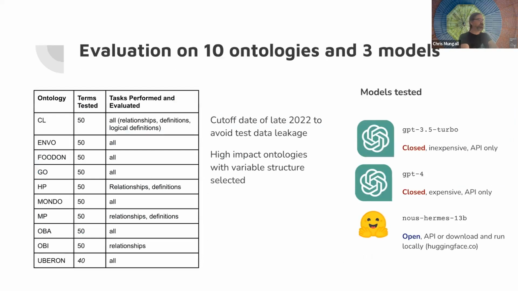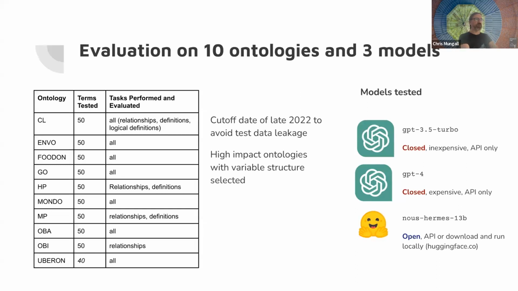So we chose 10 different OBO ontologies. We tried to vary them in terms of the design patterns that they used, the extent to which they include compositional terms versus non-compositional terms, and also ones that were released with relatively high frequency. We essentially had a cutoff date of 2022, where we took all new terms made in 2023 as our test set, because we wanted to avoid the possibility of test data leakage.